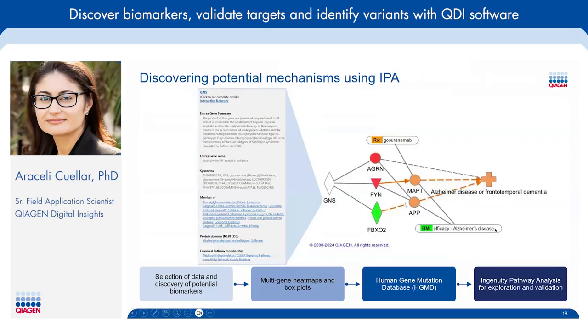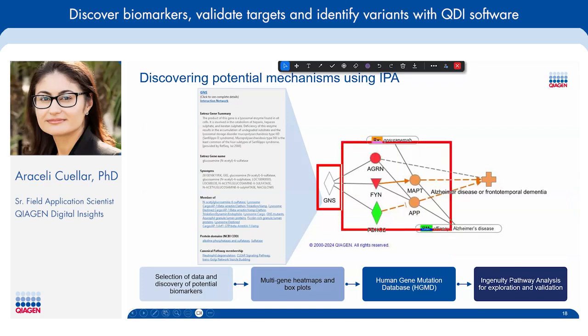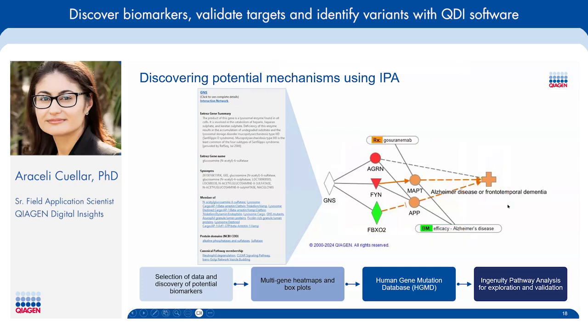Now, users like you can also leverage Ingenuity Pathway Analysis, or IPA, to further explore potential mechanisms and validation. And so here, GNS is a marker that's been identified in publications. And so within IPA, you can build a network connecting this particular target of interest to Alzheimer's disease through various intermediates.